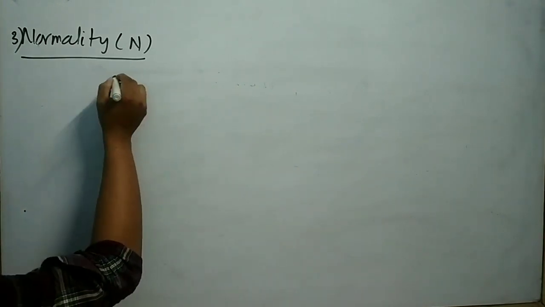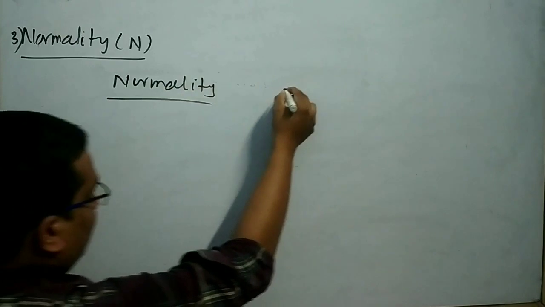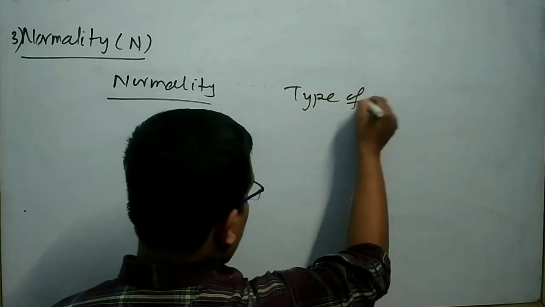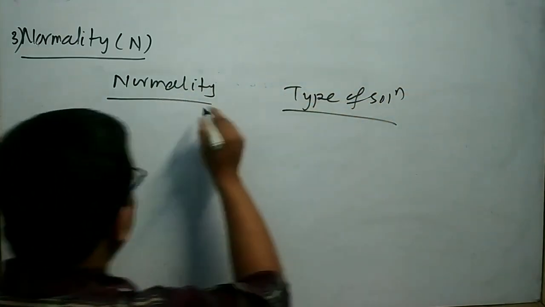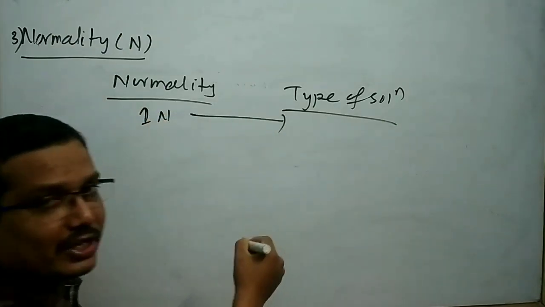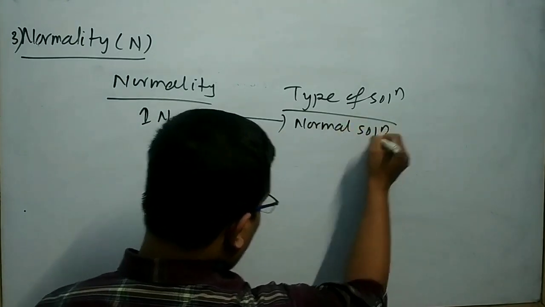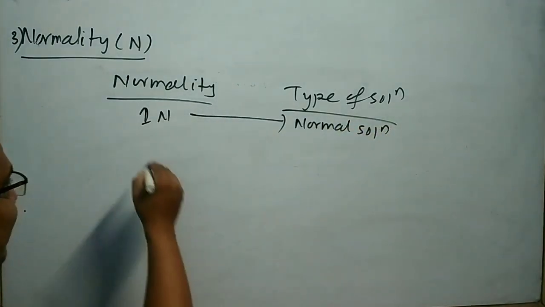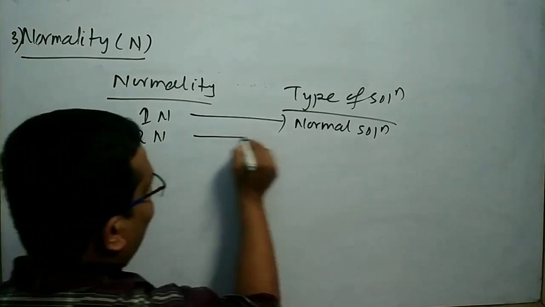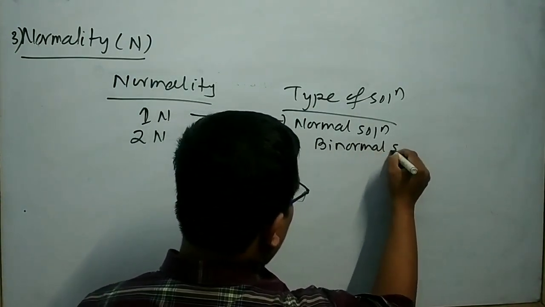Remember some important terms. If a solution has normality 1N, then the solution is called a normal solution. If the normality is 2N, it is called a binormal solution.